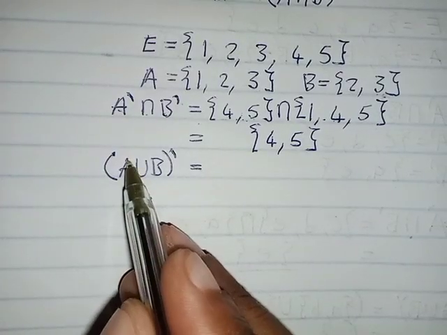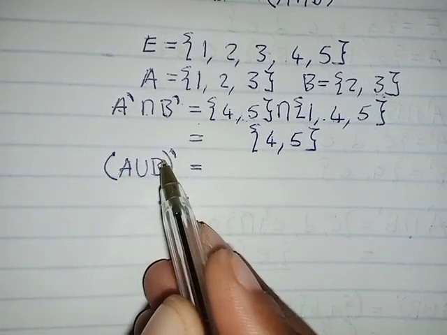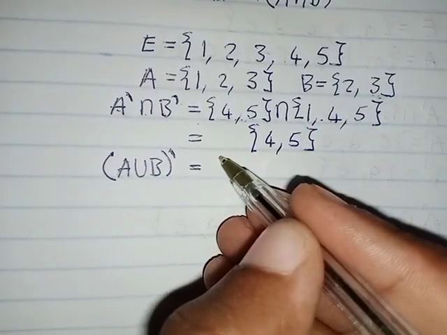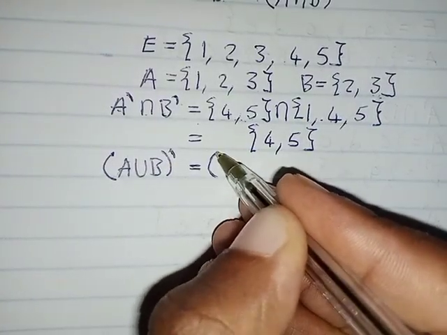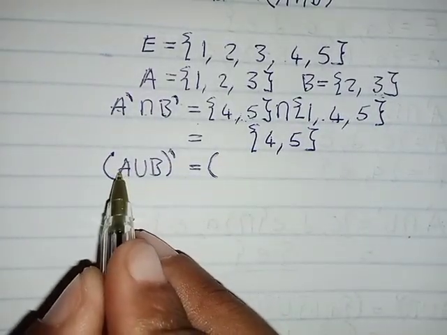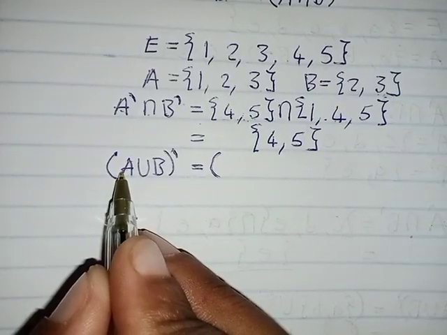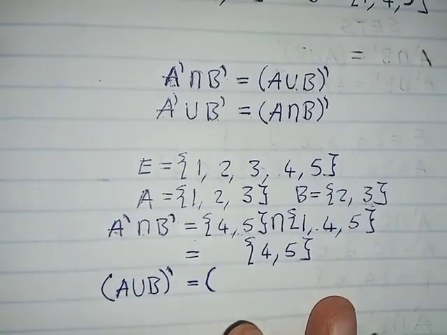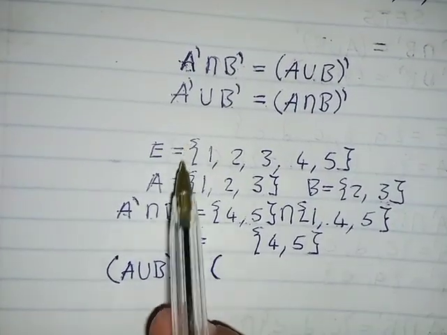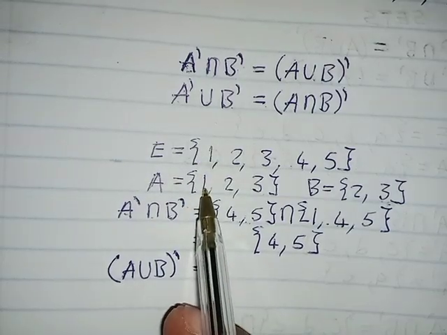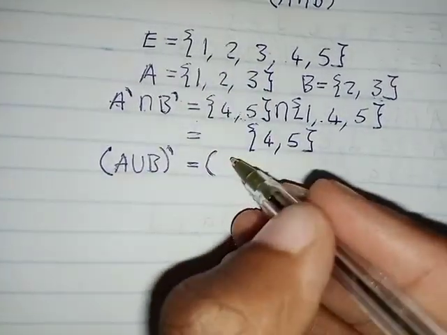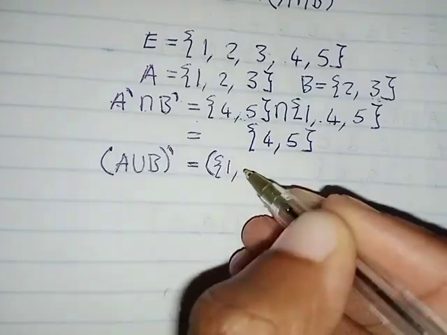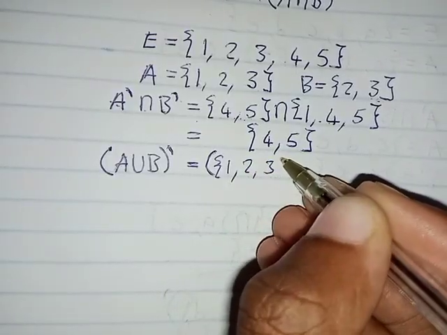You can see that the complement is not on this letter and also it is not on this. So I'm going to start with my parenthesis like this. Then the instruction says I should list set A, the actual set A. So if you check here, the actual set A is this one, which has elements 1, 2, 3. So here I'm going to put my set A, 1, 2, 3.